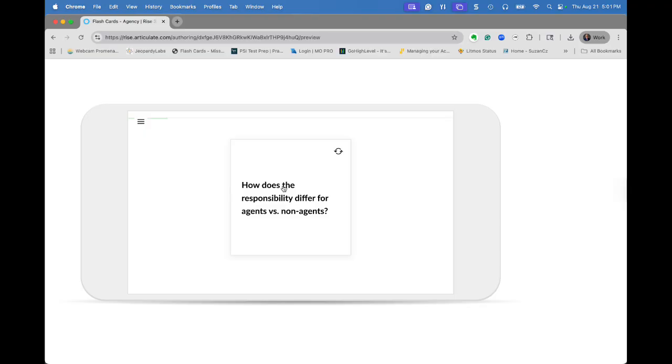So, how does the responsibility differ for agents versus non-agents? Well, you just flip the card around and you can see that agents owe what? Agents owe fiduciary duties. Non-agents are really like facilitators.